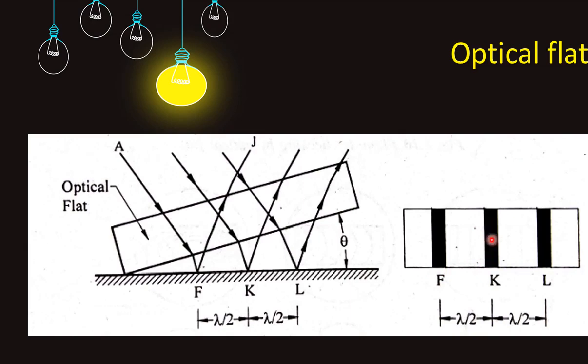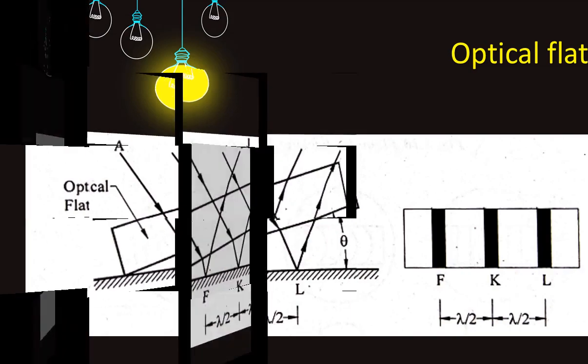So here it is lambda by 2 at this point. Again lambda by 2 will be added and the total distance is lambda. Again if we add lambda by 2 distance, then the total distance will be 3 lambda by 2. So at every lambda by 2 distance there will be a dark strip due to the air gap present between the optical flat and the workpiece.